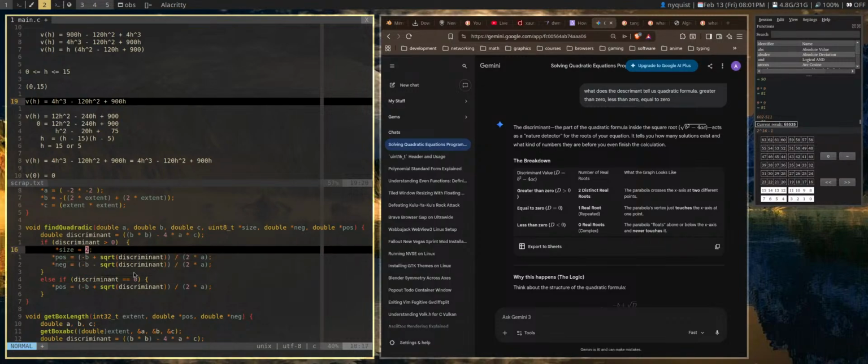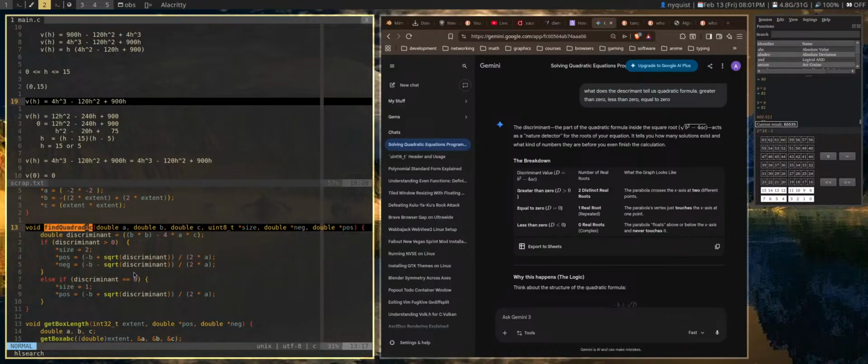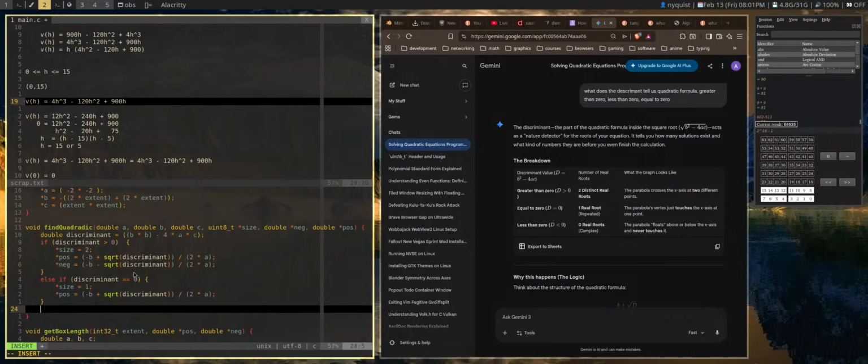Oh, 2, I suppose. There we go. Yeah. 0 real roots. Else, discriminant is less than 0, size equals 0.